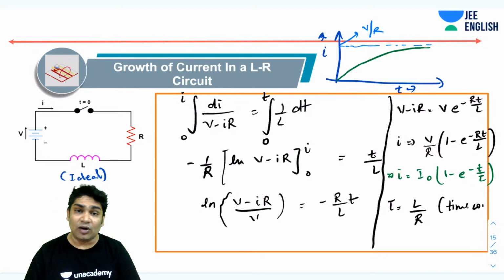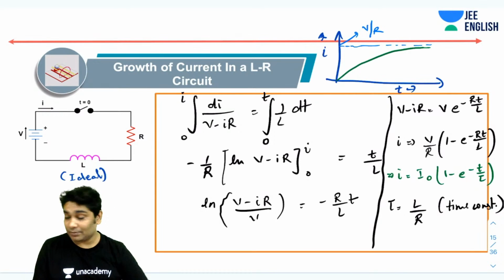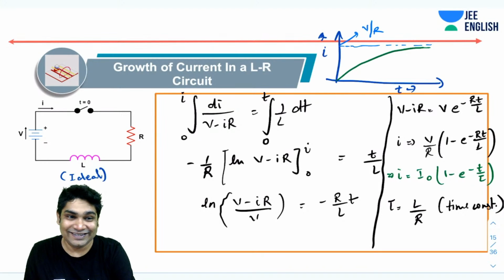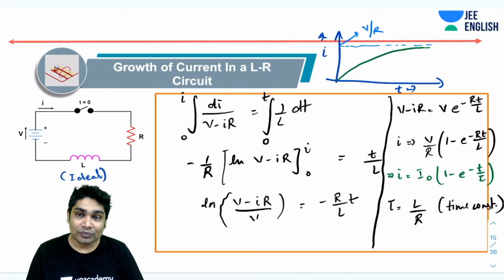Now, how can you define time constant here? At t equals tau, what will be the current? The current would have been the peak current times 1 minus 1 by e. So 1 minus 1 by e, how much will that be? You remember that? You had two percentages. One was 63.2 and then you had 36.8.